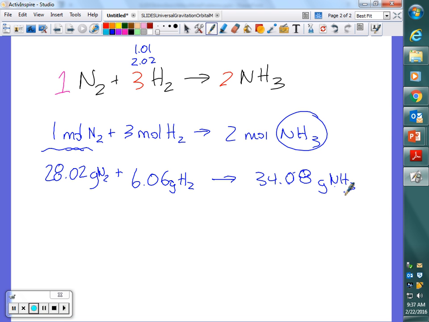So, we know that the nitrogen on its own weighs this. Each hydrogen weighs that, but how many hydrogens are in that molecule?